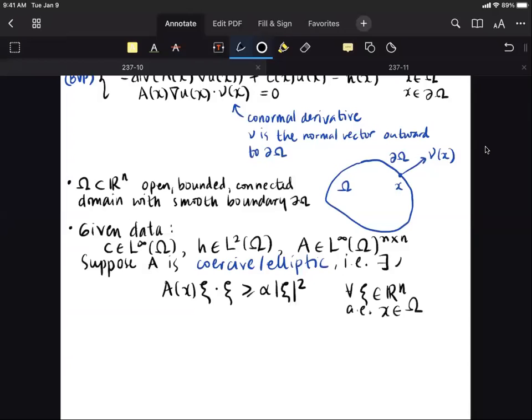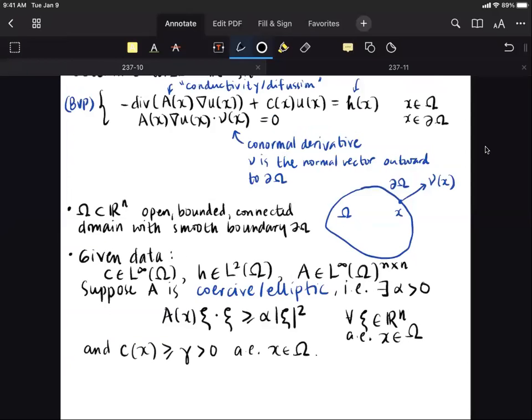So there exists an alpha positive that satisfies this inequality. And suppose also that C is bounded from below, let's say bounded below by some constant gamma, which is also positive, for almost every x in the domain omega. And these are our assumptions on the data h, C and then A.